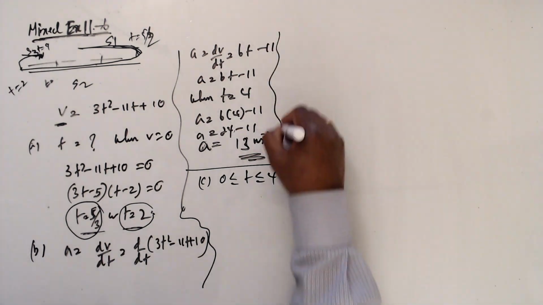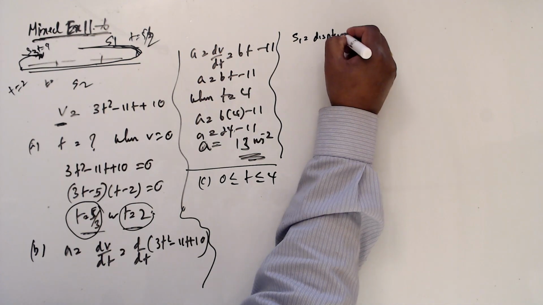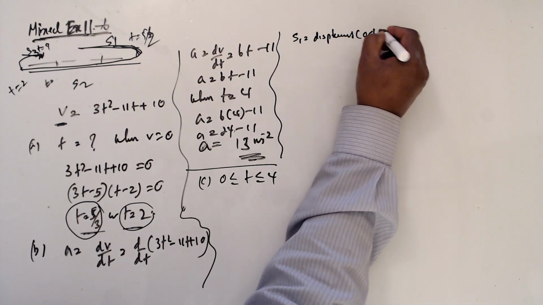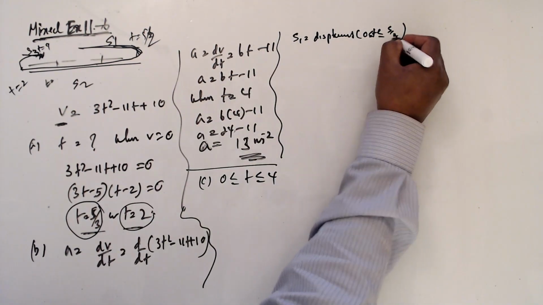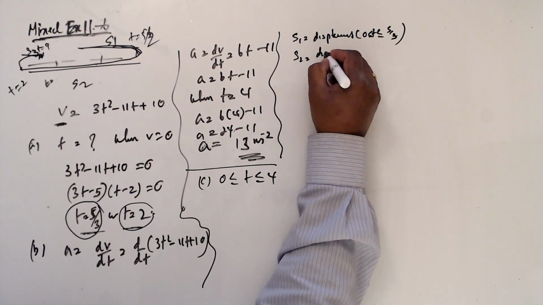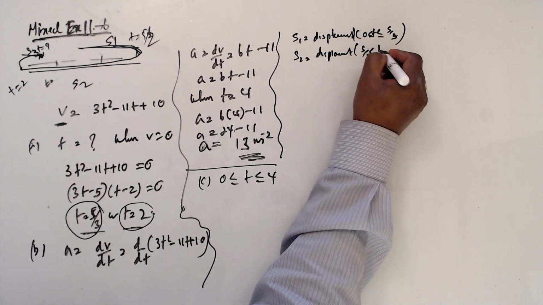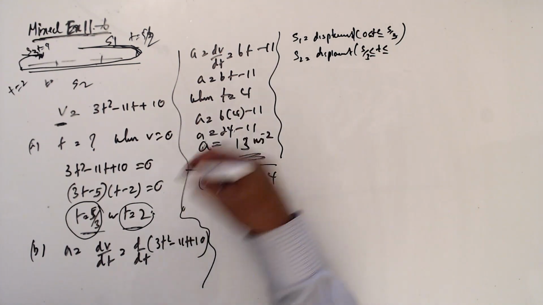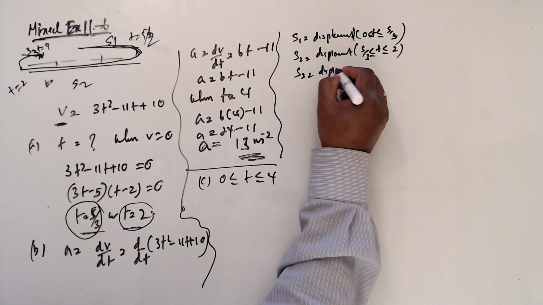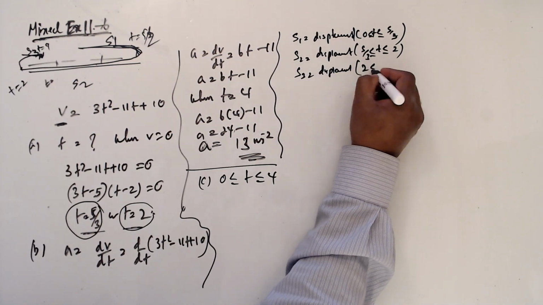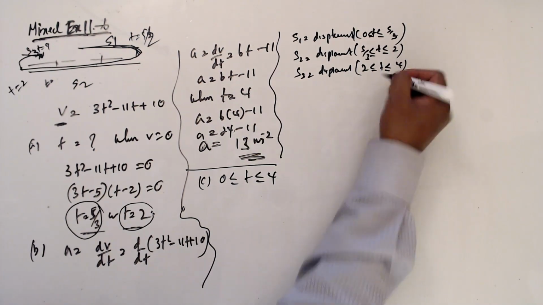So we'll write S1 is the displacement from 0 to 5 by 3, and S2 is the displacement from 5 by 3 to 2, then S3 is the displacement from 2 to 4.